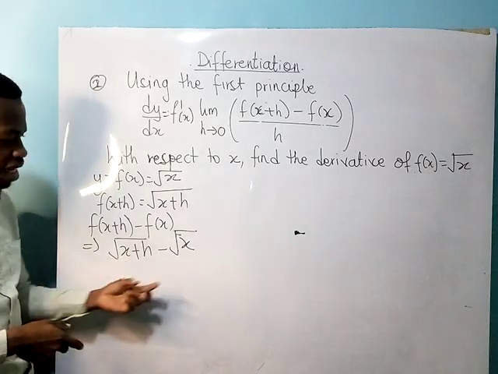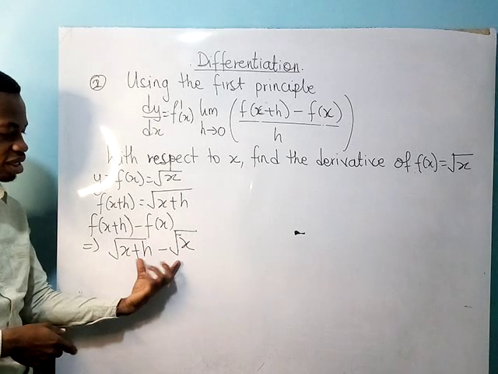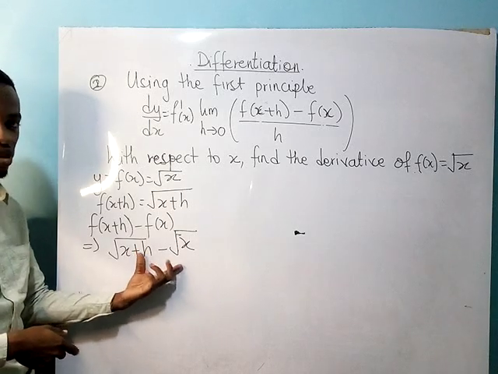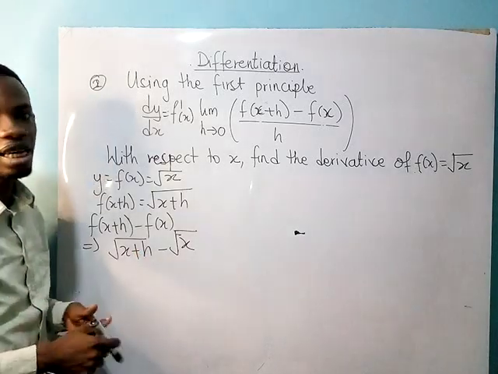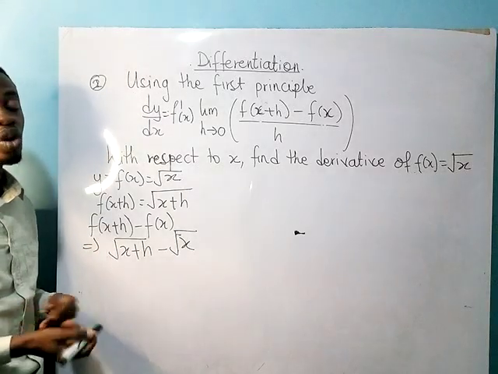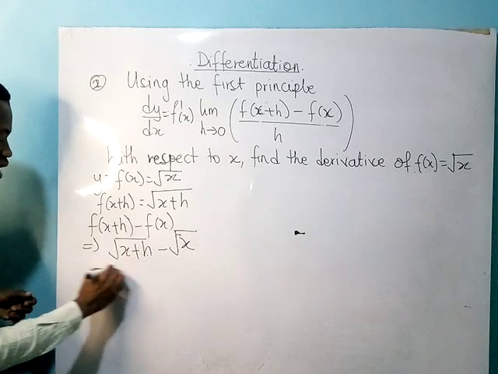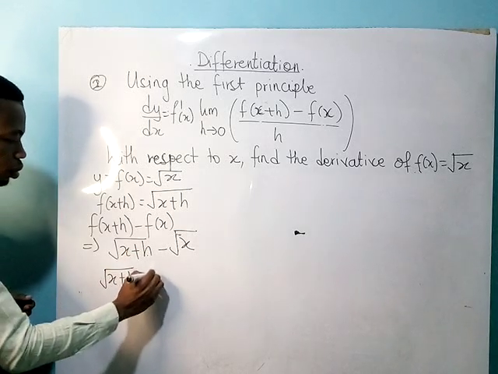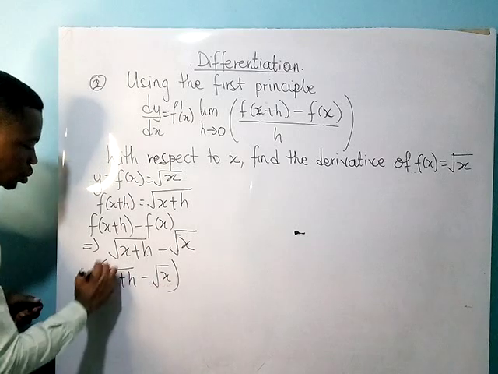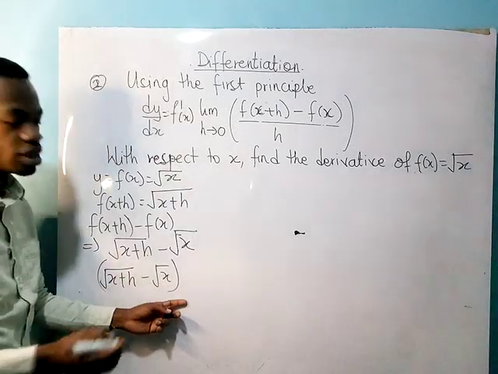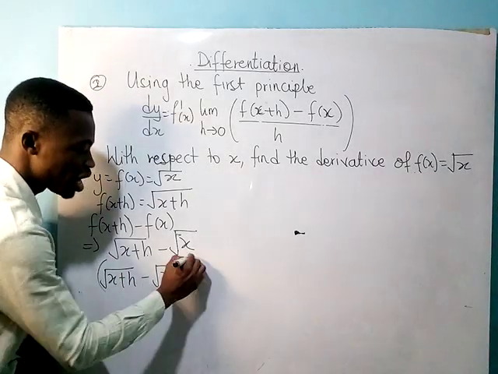Now to maintain the originality of this algebra, remember we apply what we call the conjugate. What we can do is multiply what we have here by its conjugate, but in a fractional form.